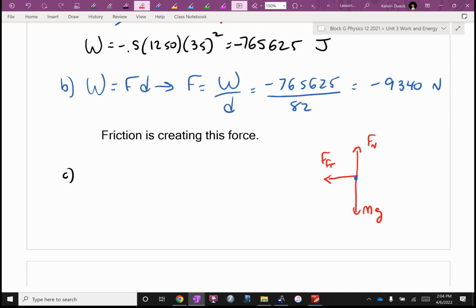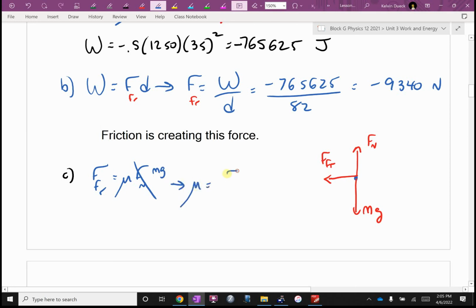Okay, so I think here's what we have. I'm pretty sure this force is the force of friction, because that's what's slowing us down. Friction equals mu times the normal force, but I don't know the normal force. If I get the mu by itself, I think it's going to be friction divided by mg.